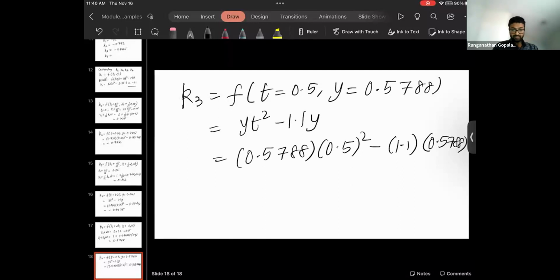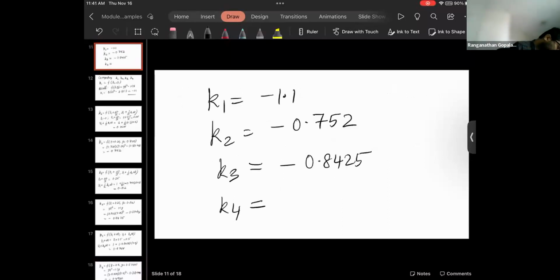That is minus 0.4920. Well, this is K4. I'll come back here and put this down in my list. Minus 0.4920.